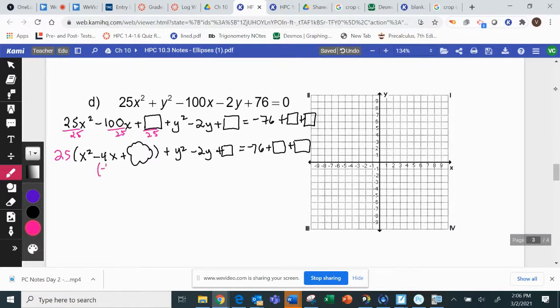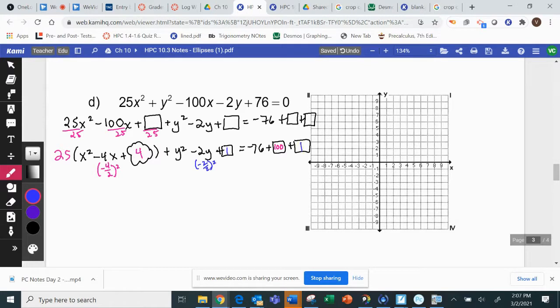And then we take that middle number, -4, divide by 2, squared, just 4. But that is not a square, so I have to multiply the 25 back in and put 100 on the other side. In the other square, I didn't have to factor anything, so I'm just doing -2 divided by 2, squared, so 1.